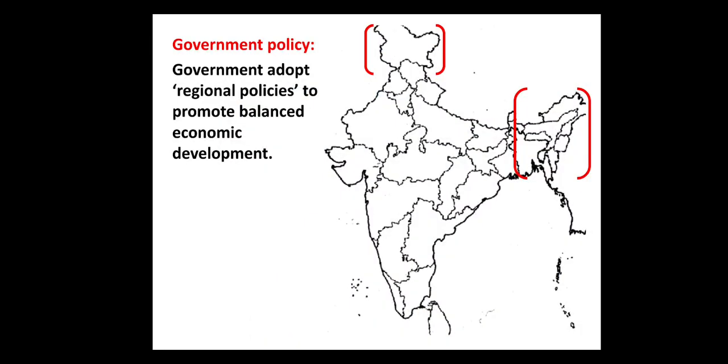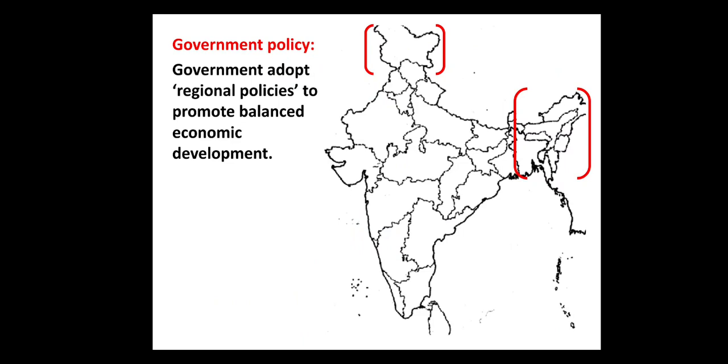The last factor that affects the location of industry is what? Government policy. In the world, many countries adopt different policies in order to have balanced economic development in their particular countries or regions. So government policy also affects the location of industries.